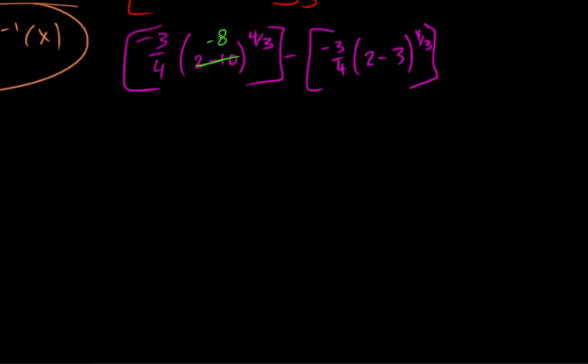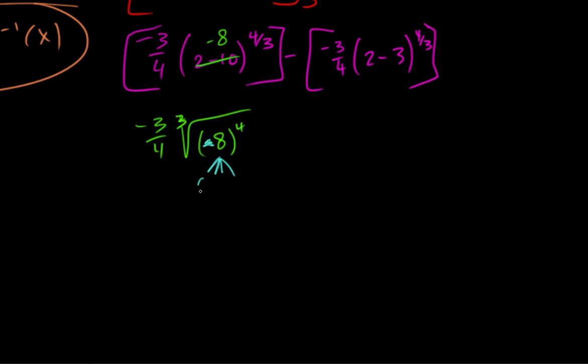So that's -8. I think it's easier to deal with if we do it this way. It's the cube root of -8 to the 4th. -8 to the 4th is going to be a positive value, so I'm just going to get rid of the negative.